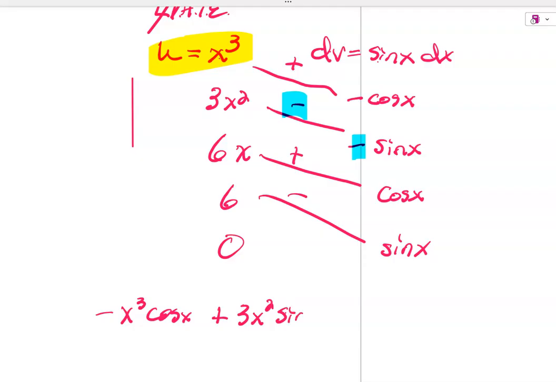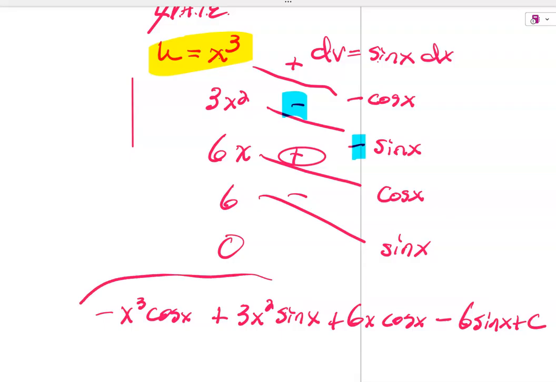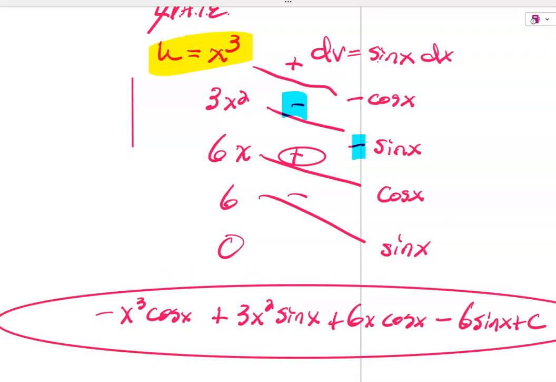That's how that works. Look at the next diagonal. I'm talking about this one right here. That's going to be a plus 6x cosine x. Next one is going to be a minus 6 sine of x. That's your last one. And guys, look at that. Amazingly, that is tabular integration by parts.